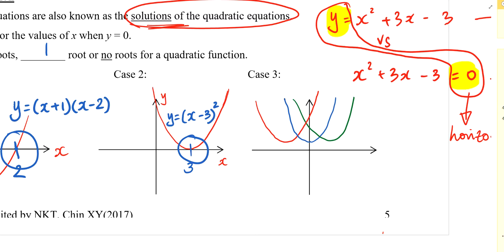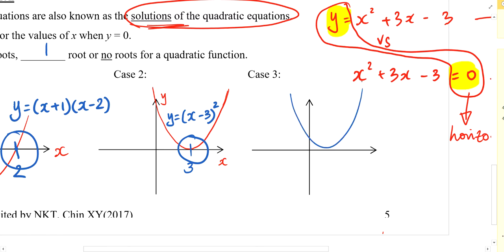So what then will be an equation of a graph like this? Let me choose the green one. Suppose your graph looks like this. The minimum point is on the right hand side. I give you an example of a possible equation.